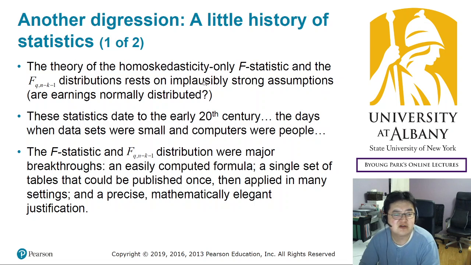It has an interesting history, so if you have time, you may read it. These days I am telling you as if the F distribution is outdated and should be obsolete, and I kind of agree with that.